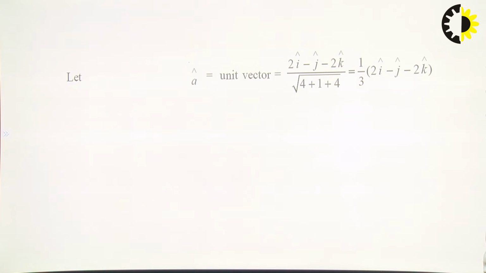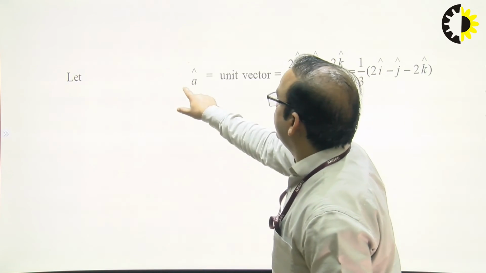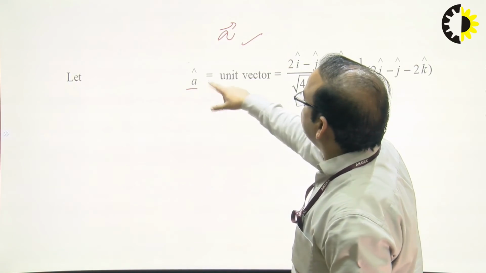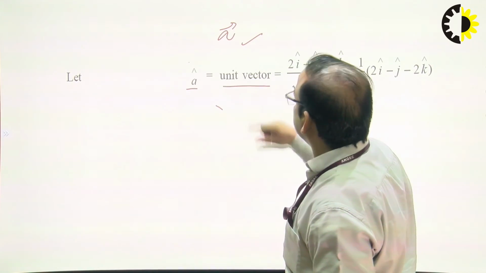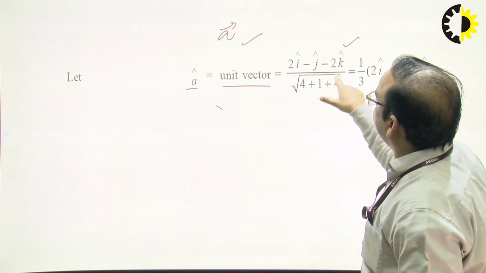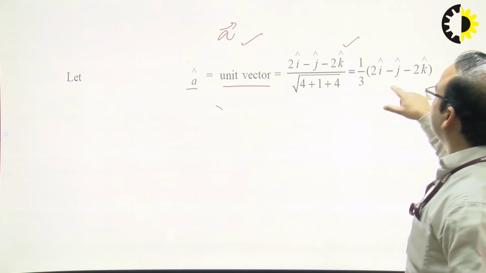Okay. So then, if you want to determine the directional derivative, then we have to determine the unit vector of A. Vector A was given to us, so we have to determine its unit vector, and the unit vector is given by the given vector divided by its magnitude.